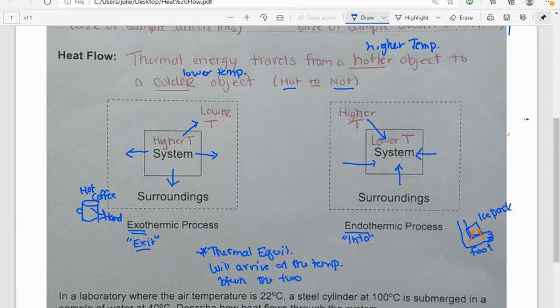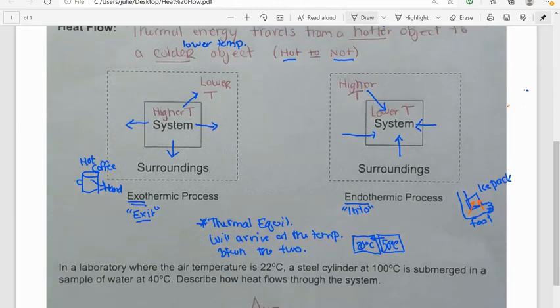We'll get into calculations of how we can determine what that temperature will be. But if you have one object at 20 degrees Celsius, and you put that in contact with one that is at 50 degrees Celsius, energy is going to move from the object at 50 to the object at 20 until they are somewhere between those two and they have equivalent temperatures. Again, we'll get into calculations a little bit later on that.